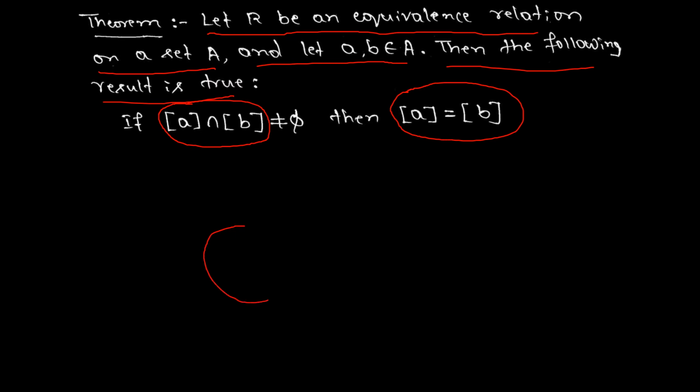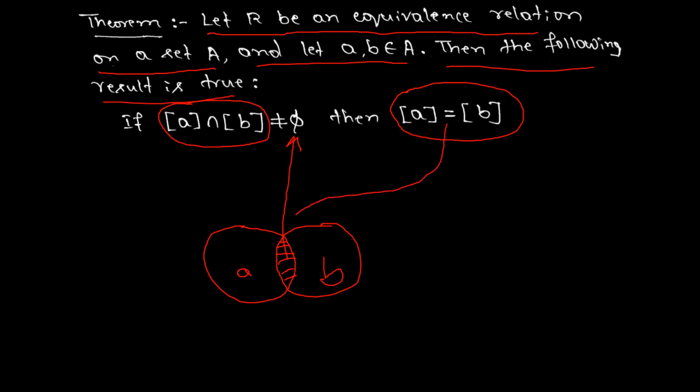That means if you have an equivalence class generated by a, and if you have an equivalence class generated by b, if you find at least one element is common in these two, intersection exists, that is nothing but not equal to null set. If you find at least one common element from these two sets, then you can conclude actually those two equivalence classes are the same.